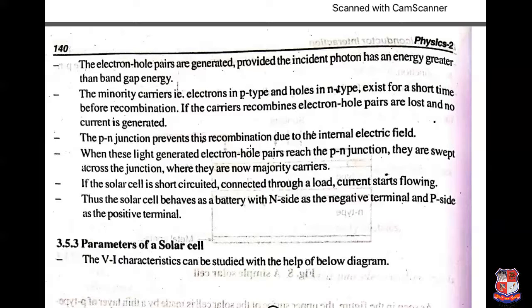When these light-generated electron-hole pairs reach the p-n junction, they are swept across the junction, where they are now majority carriers. If the solar cell is short-circuited, connected through a load, current starts flowing. Thus the solar cell behaves like a battery with the n side as the negative terminal and the p side as the positive terminal. So this is the whole theory of the solar cell.